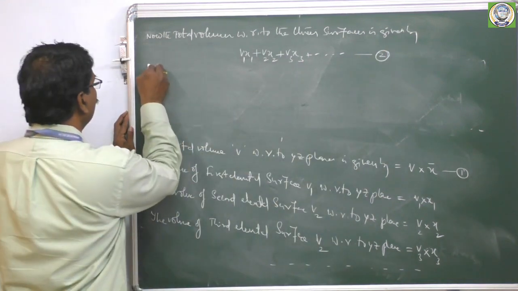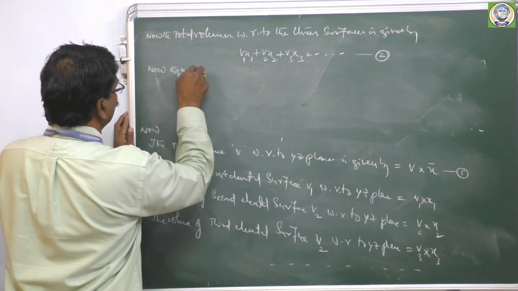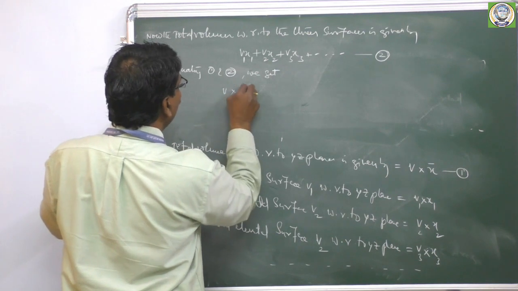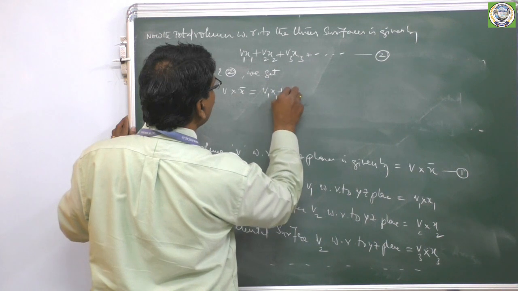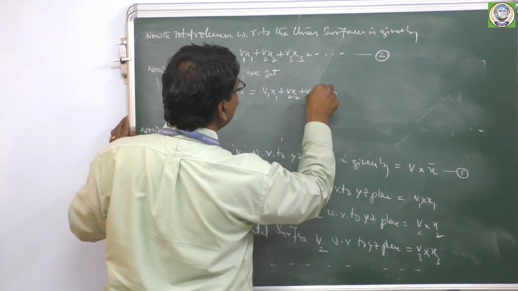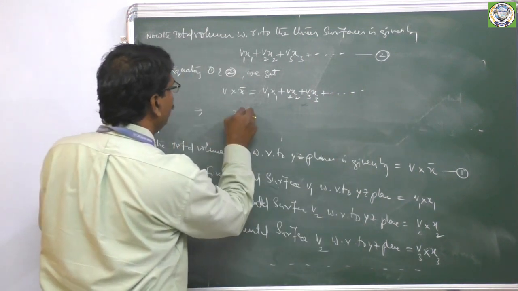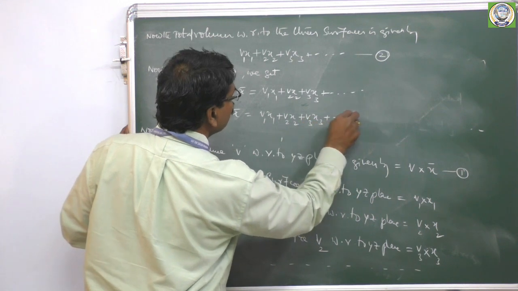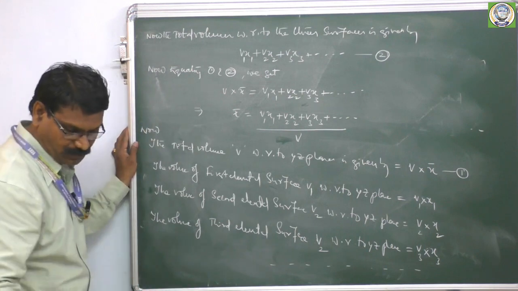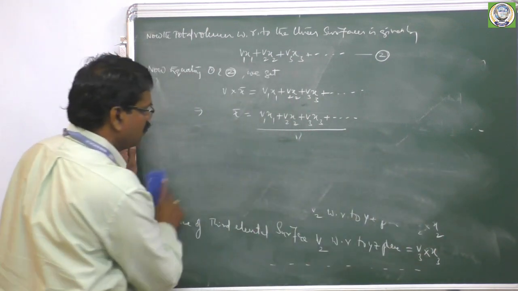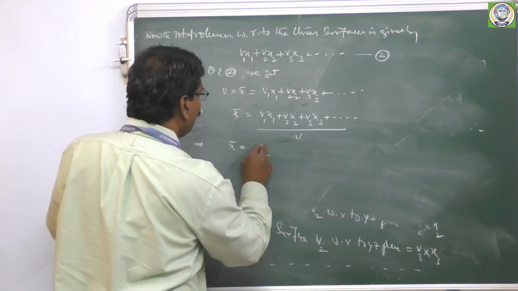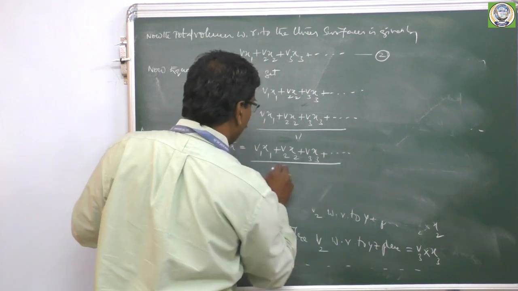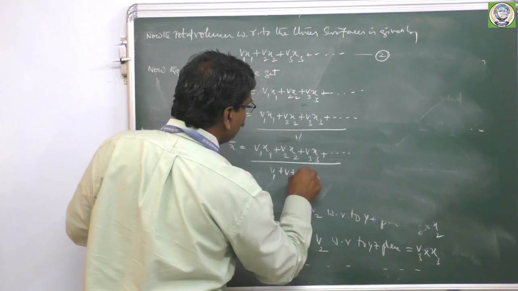Now, equating 1 and 2, we get V into x bar is equal to V1 x1 plus V2 x2 plus V3 x3 plus so on, followed by x bar is equal to V1 x1 plus V2 x2 plus V3 x3 plus so on, divided by capital V. Again, this can be expressed as x bar is equal to V1 x1 plus V2 x2 plus V3 x3 plus so on by V1 plus V2 plus V3 plus so on.